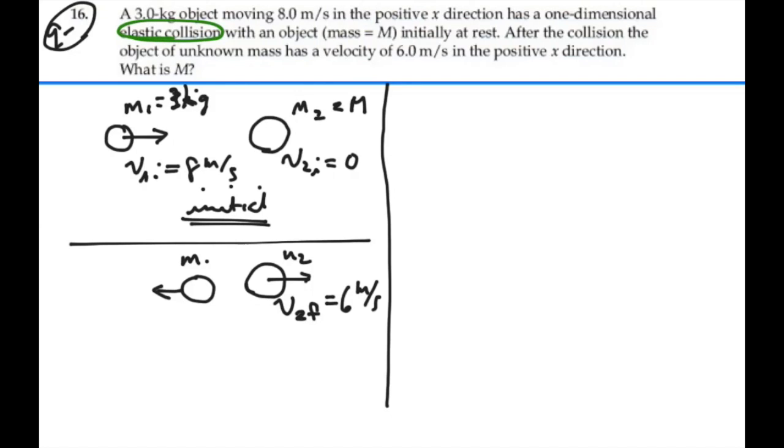So we have equations for the final velocities of an elastic collision. Knowing that we have the final velocity for mass 2, let's use the formula for the final velocity of mass 2.